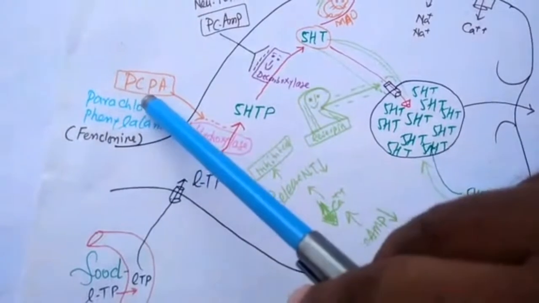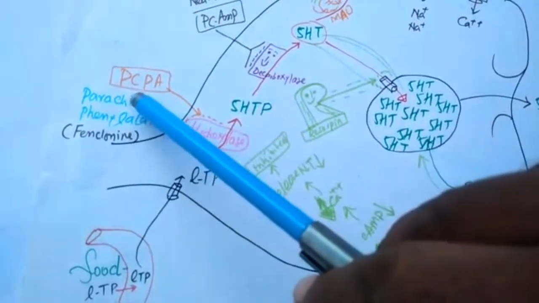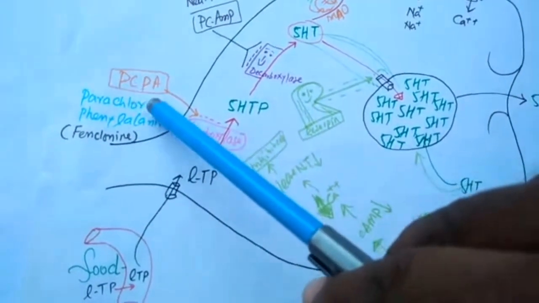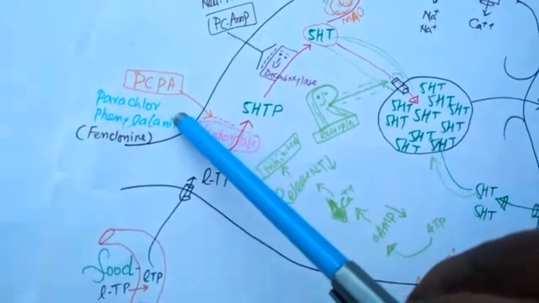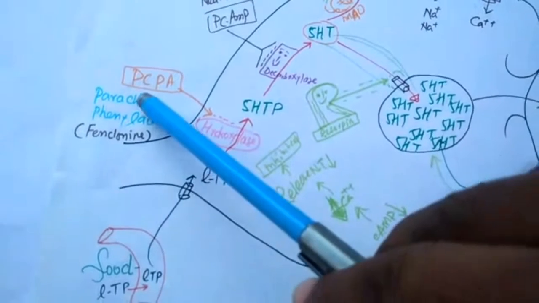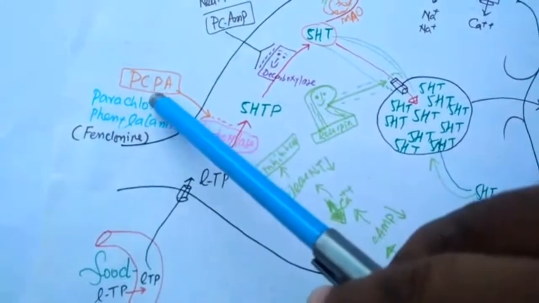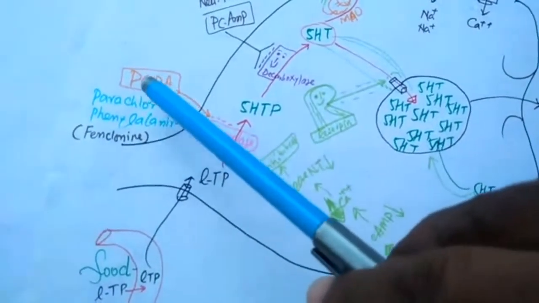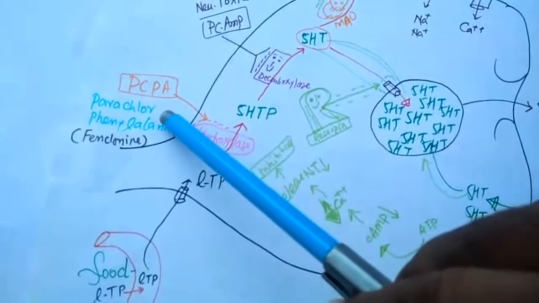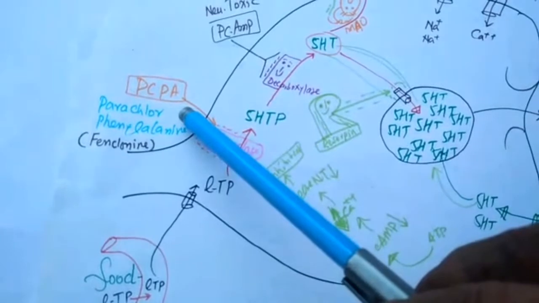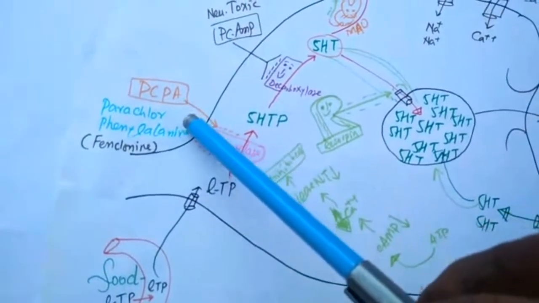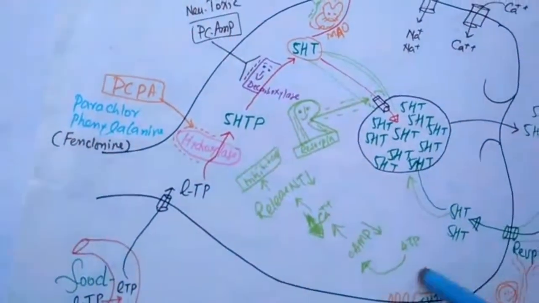This PCPA was first used to treat carcinoid syndrome, but due to its adverse effect, because this PCPA completely depleted the concentration of serotonin, it was very toxic.